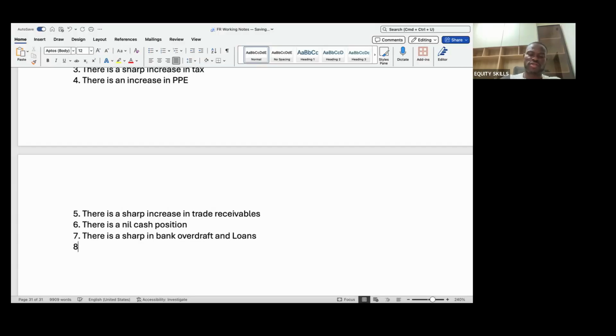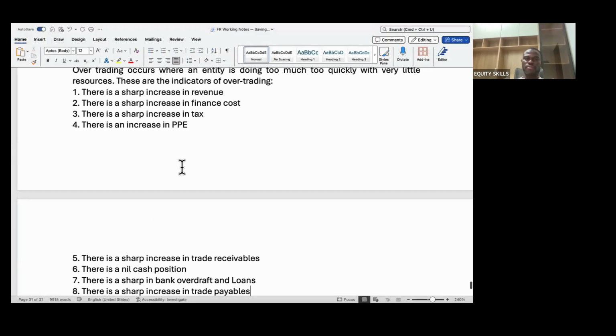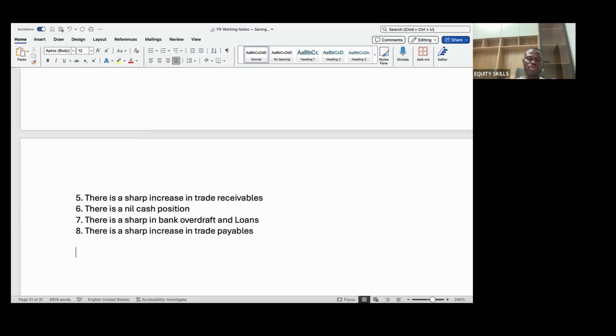And of course, they don't have cash flow. You see a sharp increase in trade payables because they won't be able to settle their payables. So these are key indicators of overtrading.